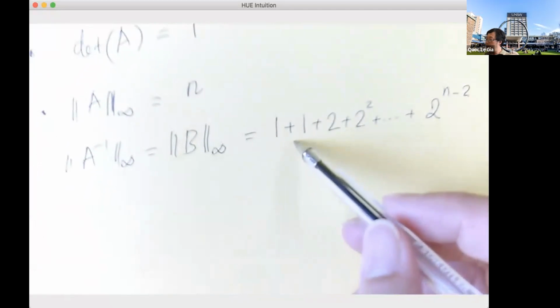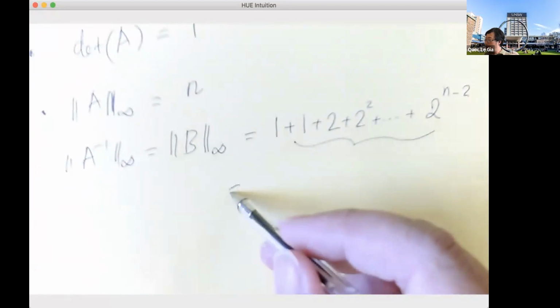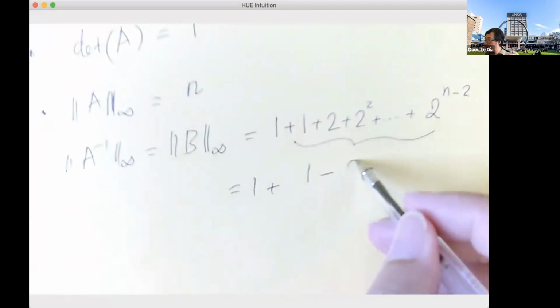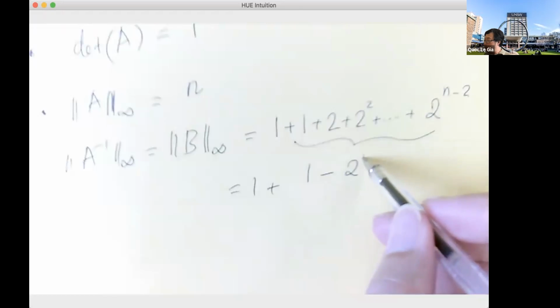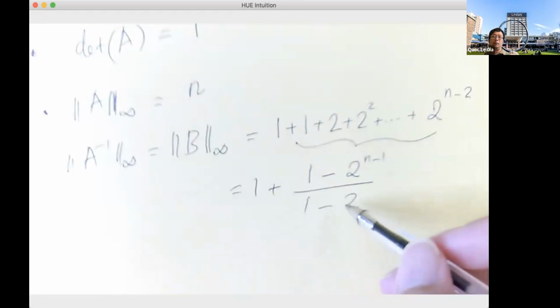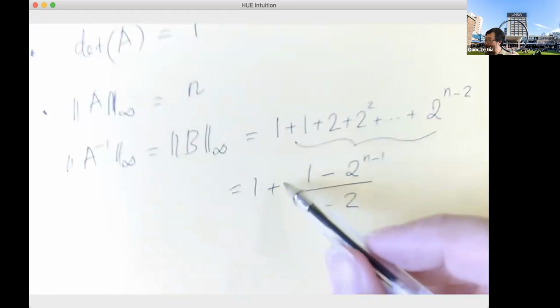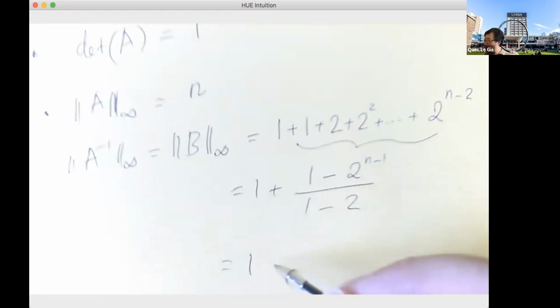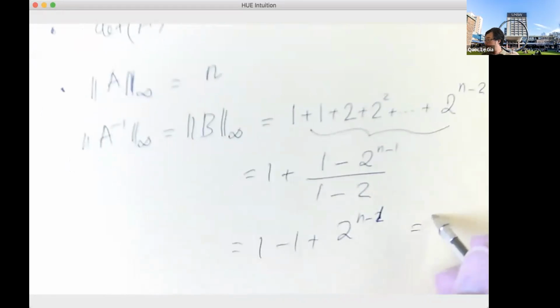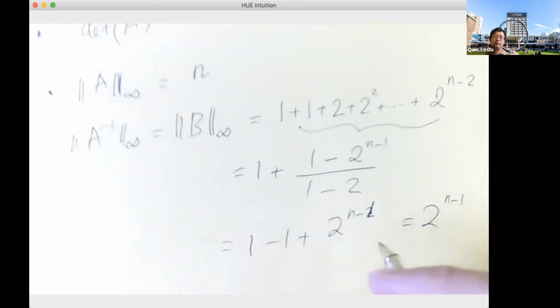And what is this number? So this number will be 1 minus 2 to the n minus 1 over 1 minus 2. So 1 minus 2 is minus 1, so it will become 1 minus 1 plus 2 to the n minus 1. Right? So it's 2 to the n minus 1.